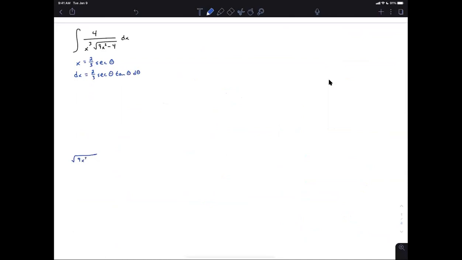So we've got the square root of 9x squared minus 4. And now we're going to plug in the x. So we're going to put 2/3 secant theta in place of x. And now I square that and I get 9 times 4/9 secant squared theta minus 4. The 9's cancel.